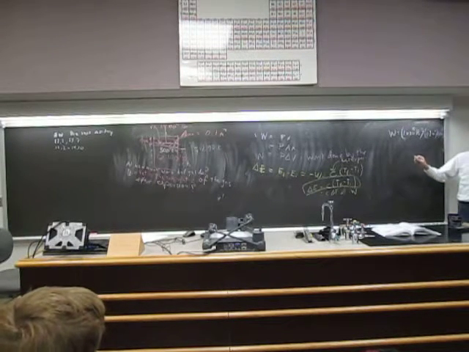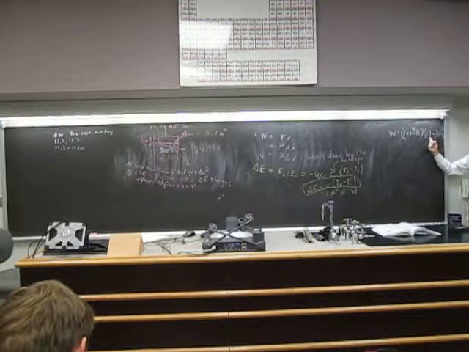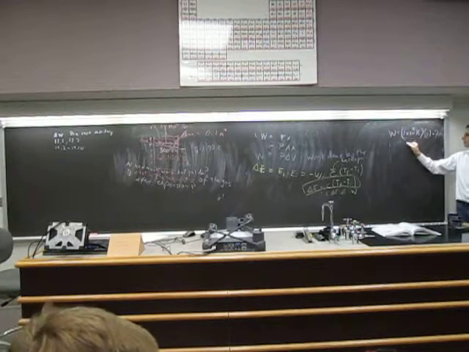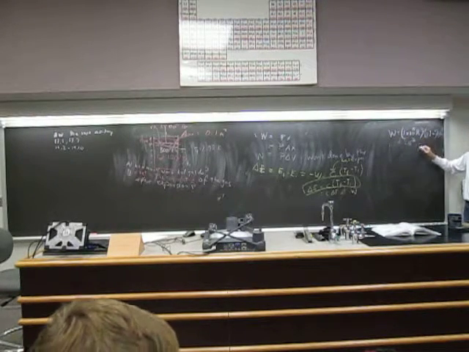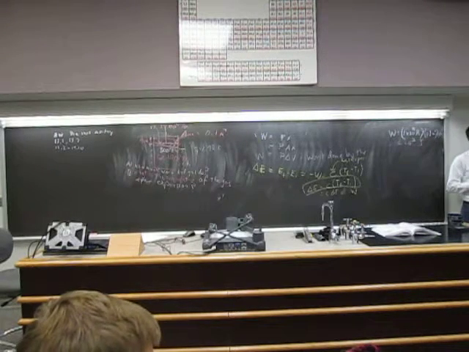That makes sense? And so this would be 10 to the minus 2 multiplied by 10 to the 5th, that'd be 10 cubed, or 1,000 joules. That makes sense?